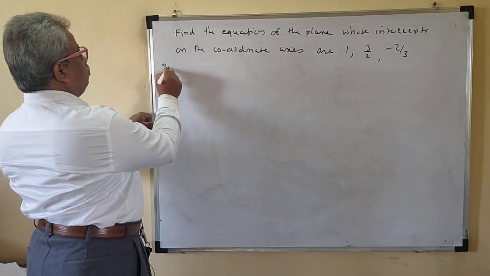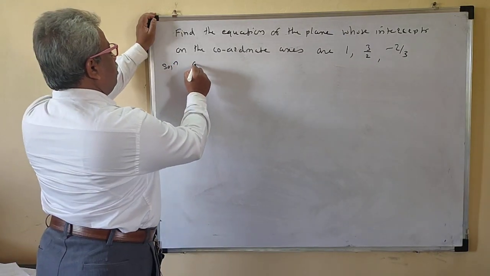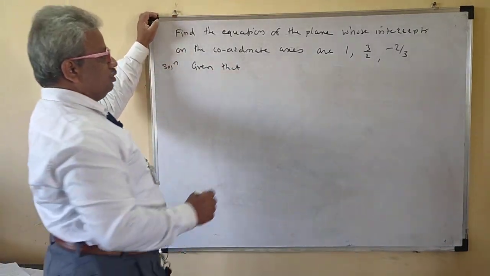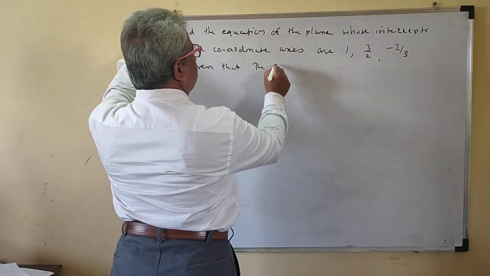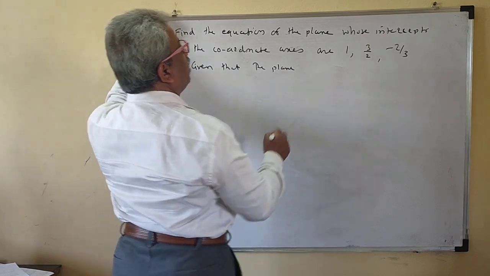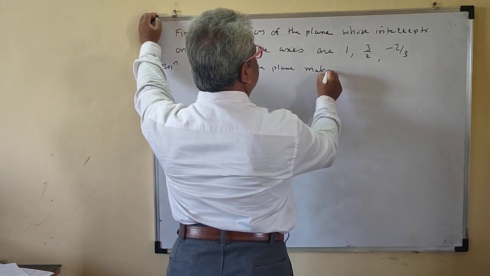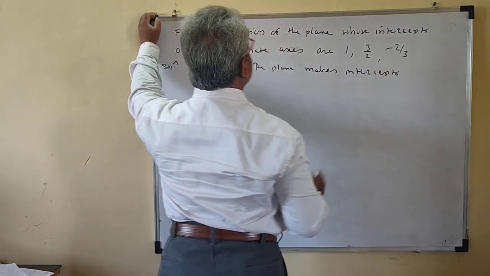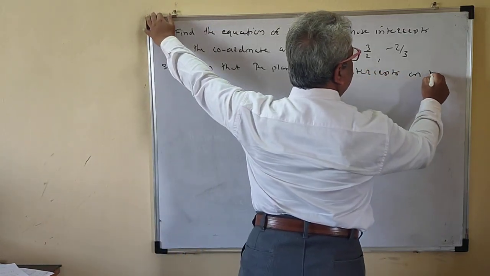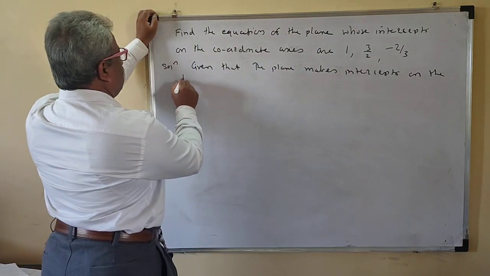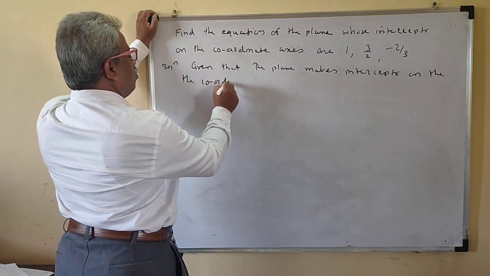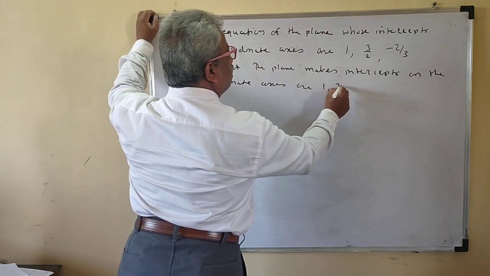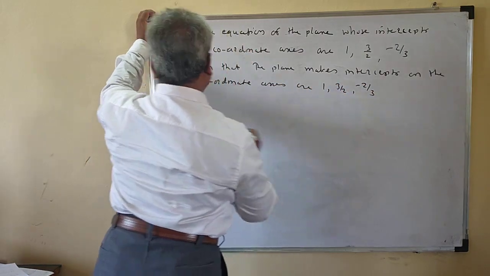Solution. Given that the plane makes intercepts on the coordinate axis are 1, 3 by 2, minus 2 by 3.